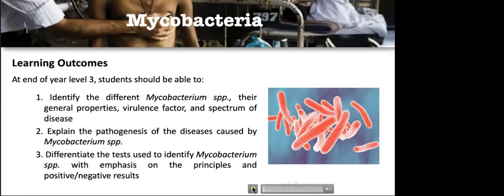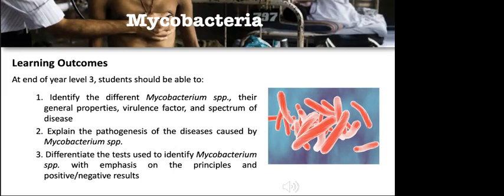The learning outcomes for this topic are that at the end of the discussion, you are expected to be able to identify the different Mycobacterium species, their characteristics and properties, the virulence factors that they have, as well as the type of diseases they're able to cause.